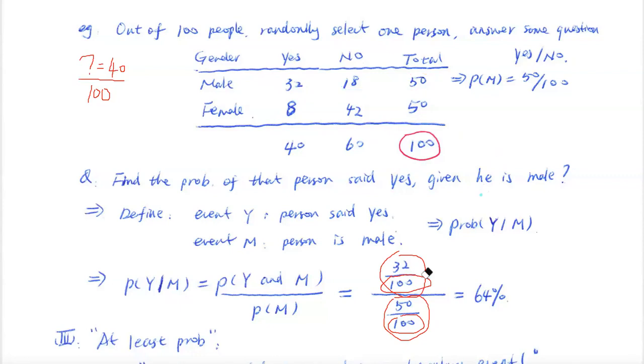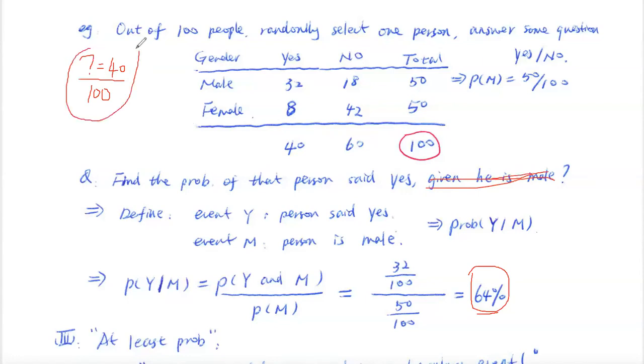What's the answer we are getting? 64%. Check, check, check. Right? 64%. With this extra information, we know the probability of that person answering yes is 64%. If we don't use that information, everybody, what's the answer? 40%. You see? So that's the fundamental rule in statistics, everybody.